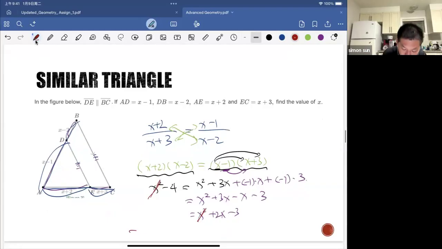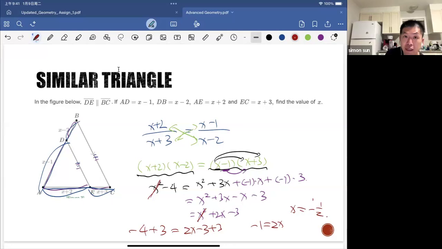So we have minus 4 plus 3 equal to 2x minus 3 plus 3. So minus 1 is equal to 2x. x will be equal to negative 1 over 2.